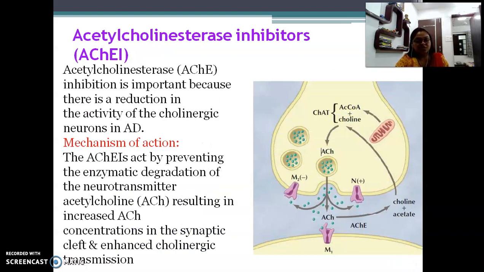Now let's discuss the first class of drugs used, acetylcholinesterase inhibitors. Acetylcholine is one of the primary neurotransmitters in the neuron, and acetylcholinesterase is the enzyme responsible for the degradation of acetylcholine in the synaptic cleft into choline and acetate.